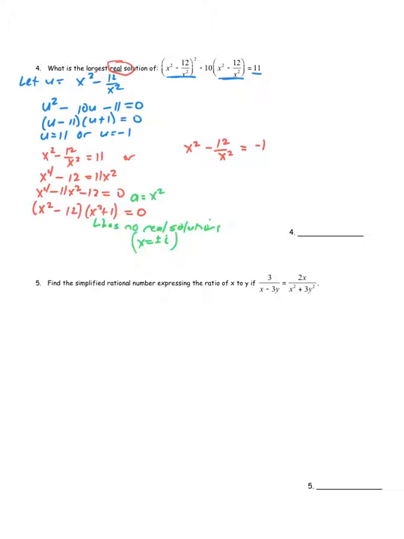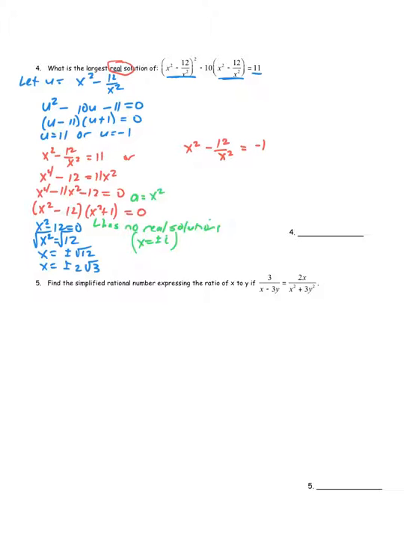But let's focus on the x squared minus 12. So we're going to have that x squared minus 12 equals 0. Bringing the 12 to the other side, I have x squared equals 12. I'll take the square root of both sides. So x equals plus or minus root 12. And simplifying that radical, we get x equals plus or minus 2 root 3.